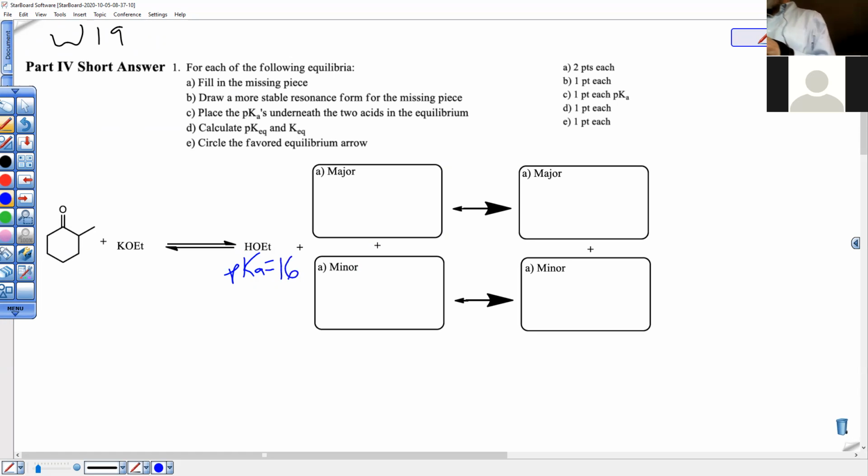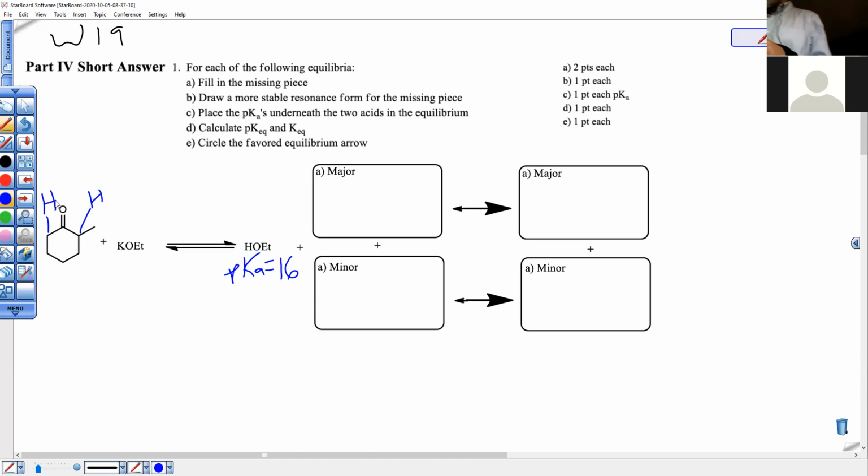Those two alcohols are almost identical in pKa to water. Once again, you would get full credit for 17 there. Do not fuss. And then the H's in question are the alpha H's here or here.